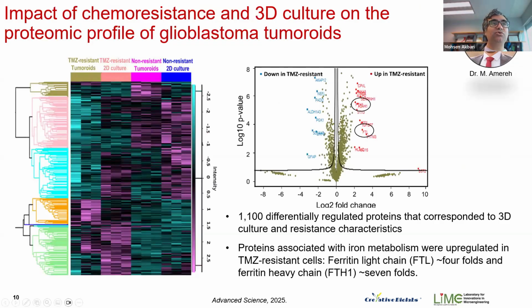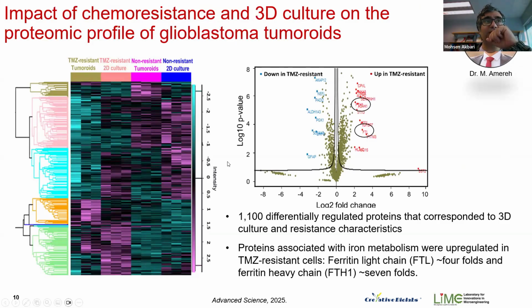So we looked deeper into the proteomic profile of the tumoroids, both when they were made out of temozolomide-resistant and then also non-resistant cells. And then we also compared them to cells that were grown in traditional 2D culture systems.